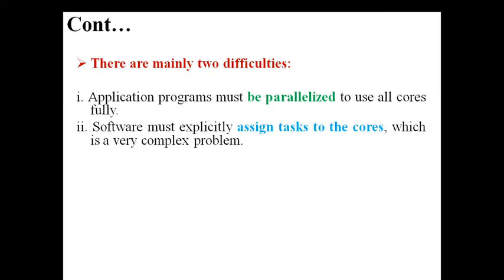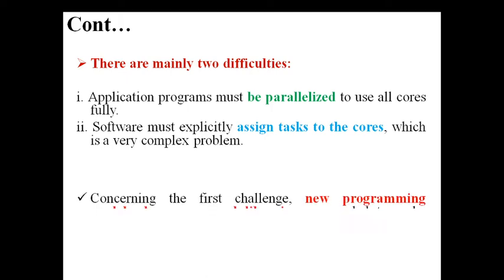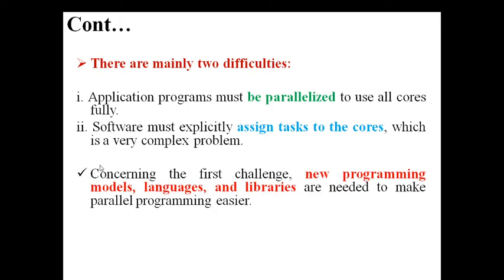If we are not able to assign even the applications we have to the cores, it's a big task. All applications have to run in parallel, and these applications have to be assigned to the cores. So these are the two major design issues here. Consider the first challenge: all programs have to be run in parallel along with the other devices also, so new programming models, languages and libraries need to support all applications.